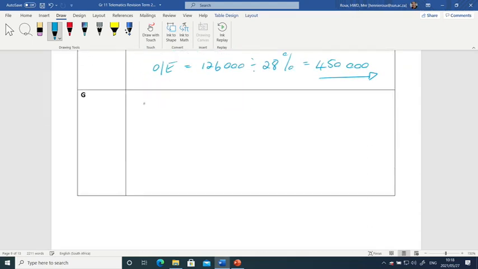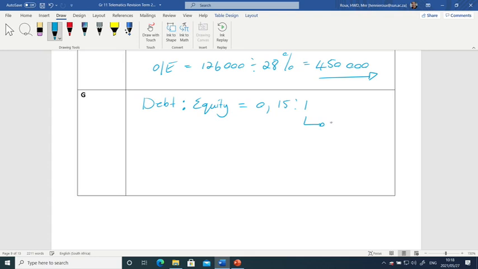The debt equity ratio equals 0.15 to 1. But we've already calculated the equity.